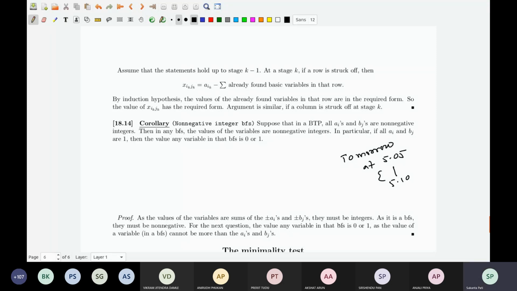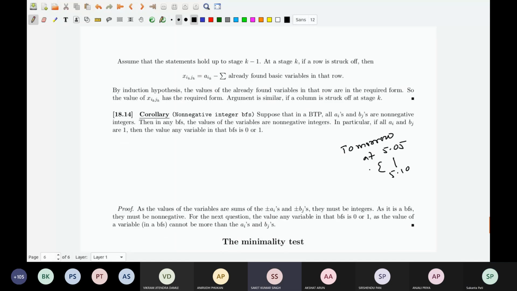Excuse me, sir. I had a doubt. Please ask. In the gamma, is it necessary to include all the ai's and bj's even if they are not connected? Yes.